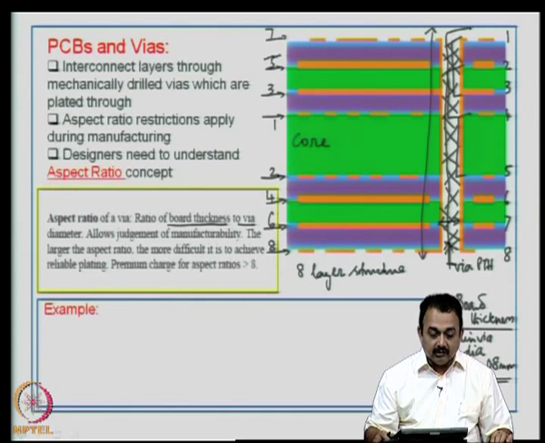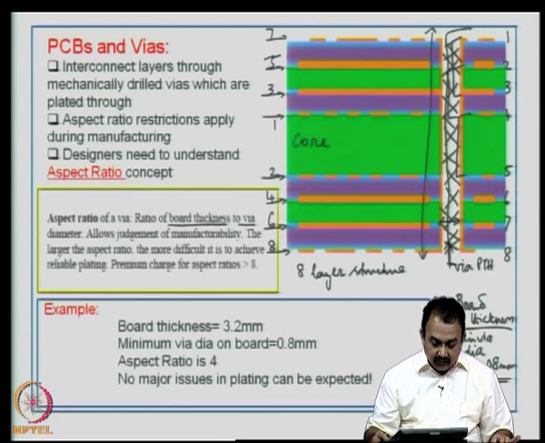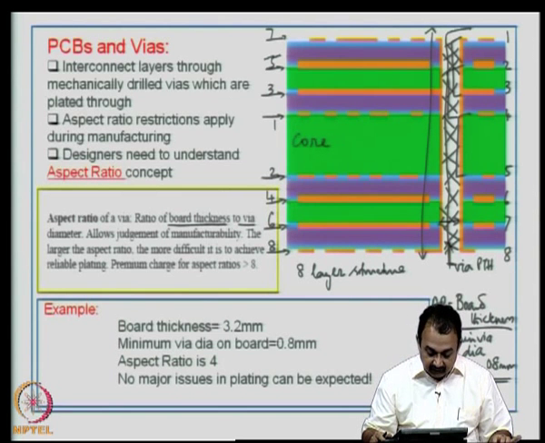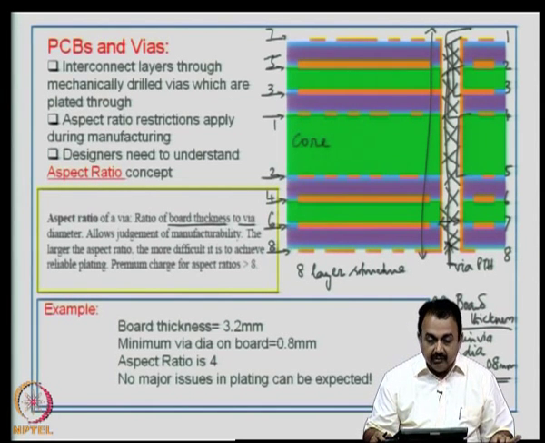I will give you an example of how to calculate aspect ratio and what to look for in an aspect ratio as a designer. If you look at the board thickness, for example, it is 3.2 mm in this case. The minimum via diameter on the board is 0.8 mm.